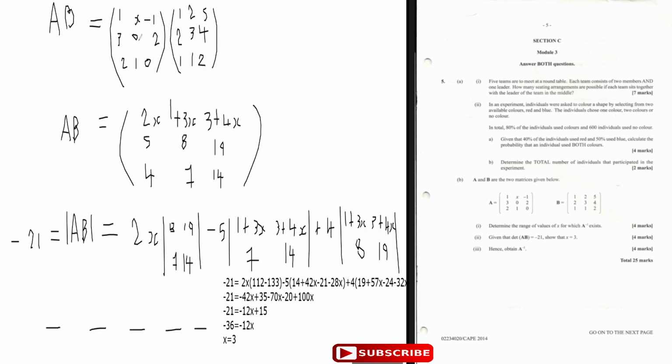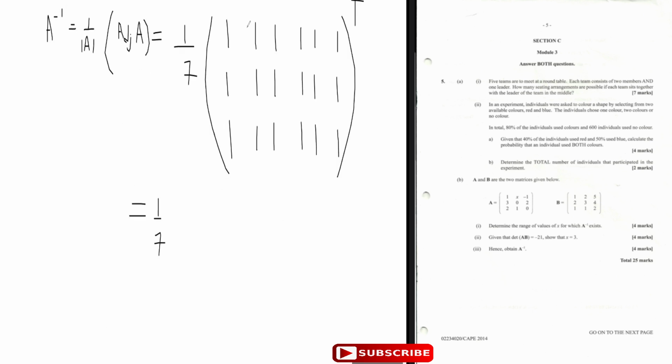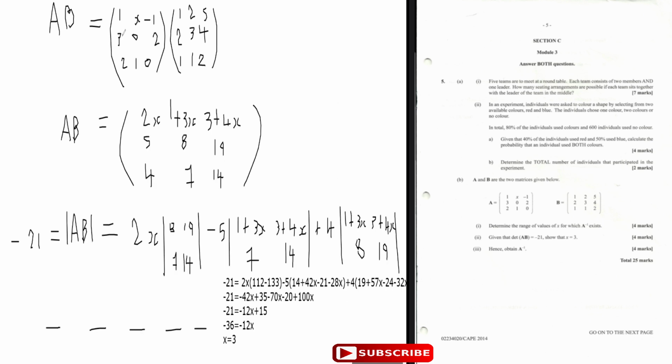Cofactor of 1 is going to be 0, 2, 1, 0. This is a plus. We have a minus here. And it's going to be cross out this and cross out this. That is 3, 2, 2, 0.